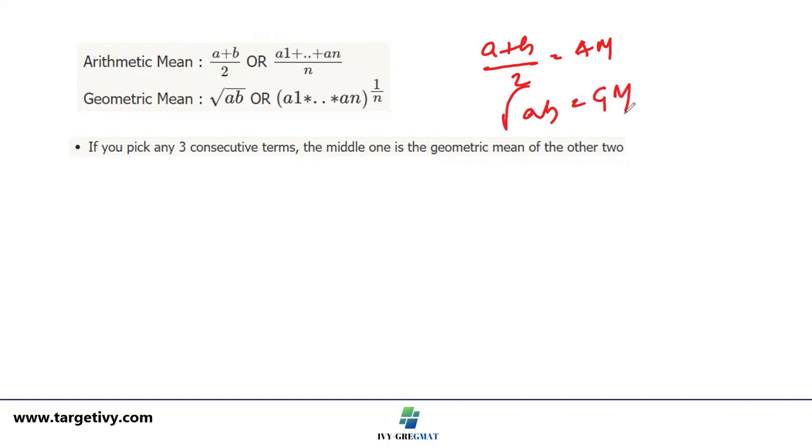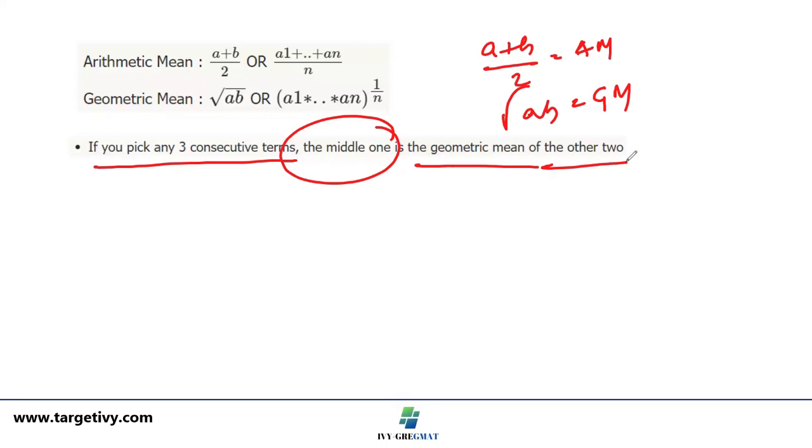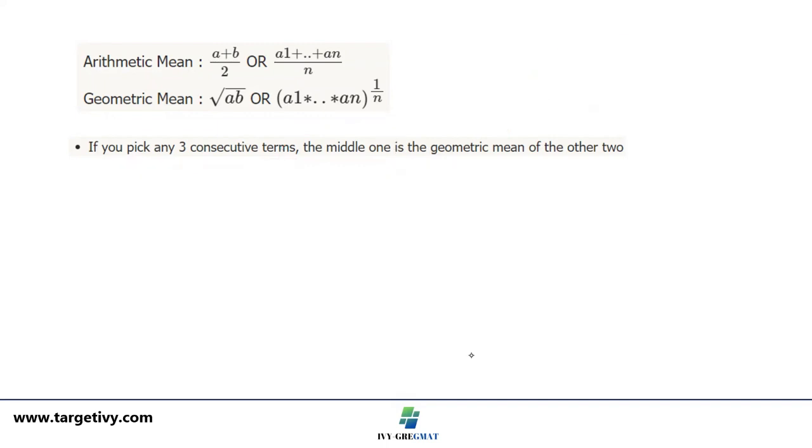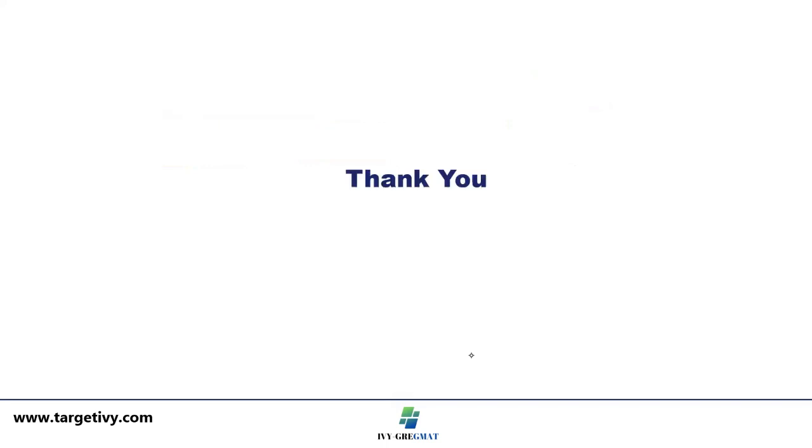One important bit: if you pick three consecutive numbers, say 2, 3, and 4, the middle one is the GM of the other two. With this much understanding, our fundamentals are cleared. Thank you very much. So that brings us to the end of AP and GP fundamentals.